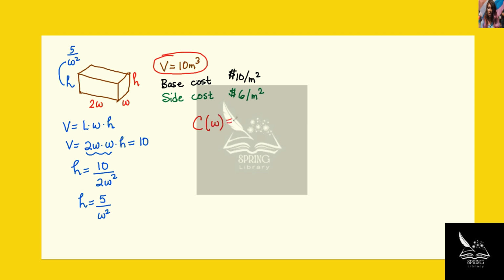Basically, the cost is $10 per meter squared times the area of the base, plus $6 per meter squared times the area of the sides.